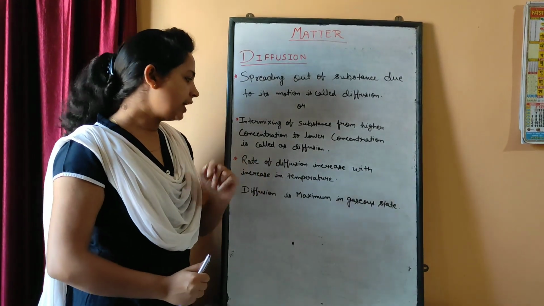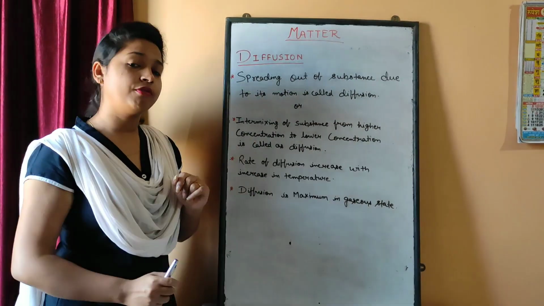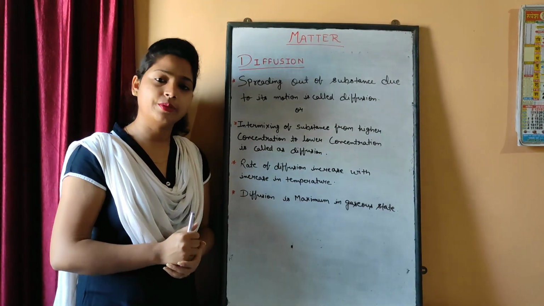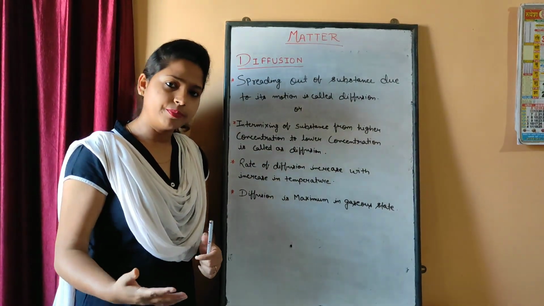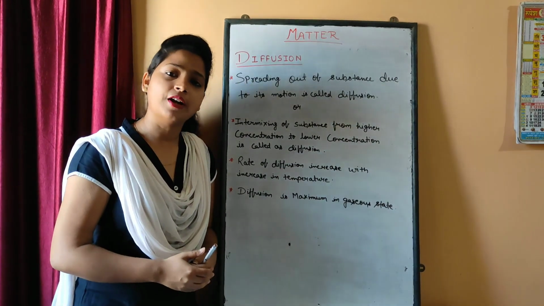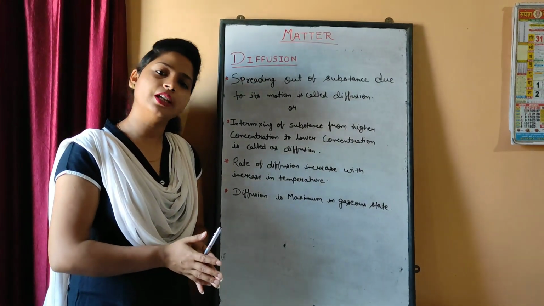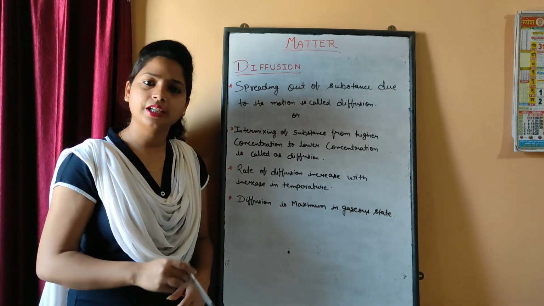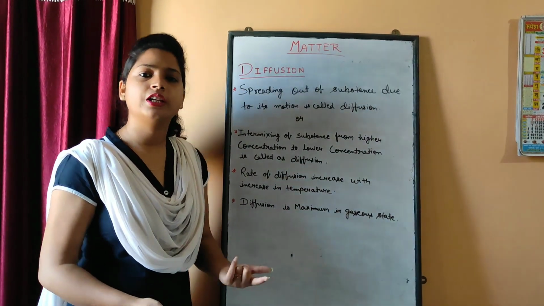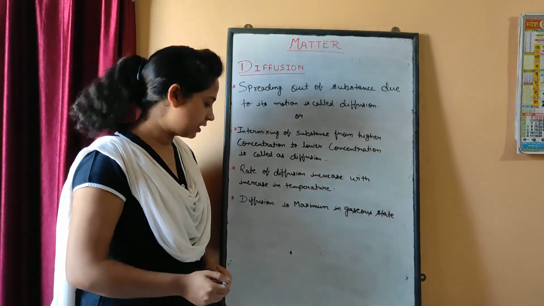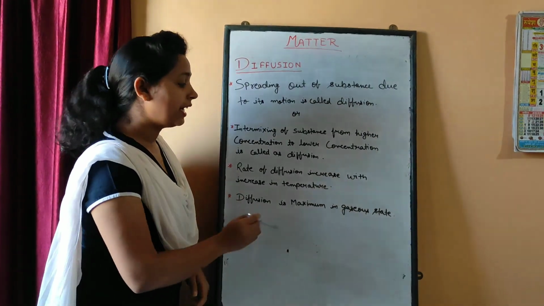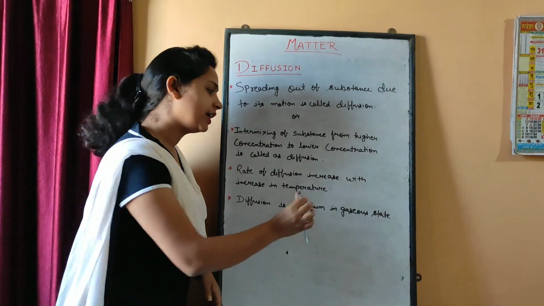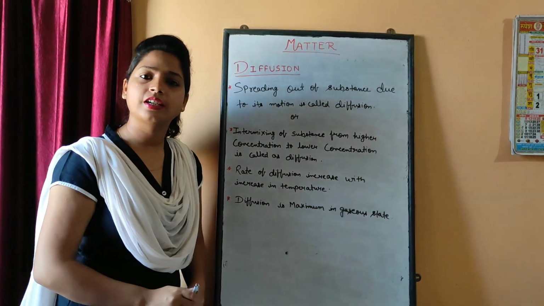Clear? Now the next point is rate of diffusion. The rate of diffusion increases with increase of temperature. As we increase the temperature, the intermixing will be fast. The spreading out of matter will be fast. So diffusion depends on the temperature. If temperature increases, the rate of diffusion also increases. Therefore, by these two points we can decide that diffusion is maximum in the gaseous state, right?